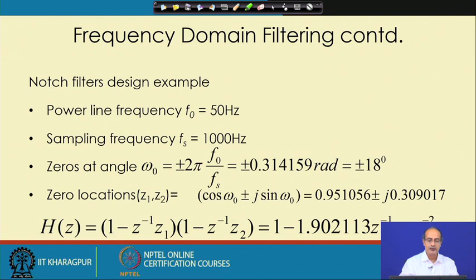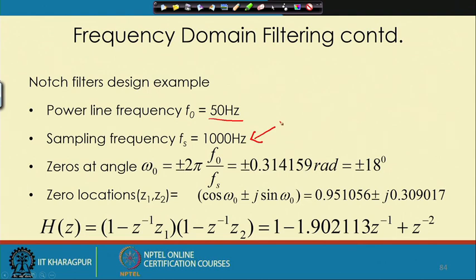So, let us look at an example. In our case, we have a power line frequency that is 50 hertz, and our sampling frequency is 1000 hertz here.